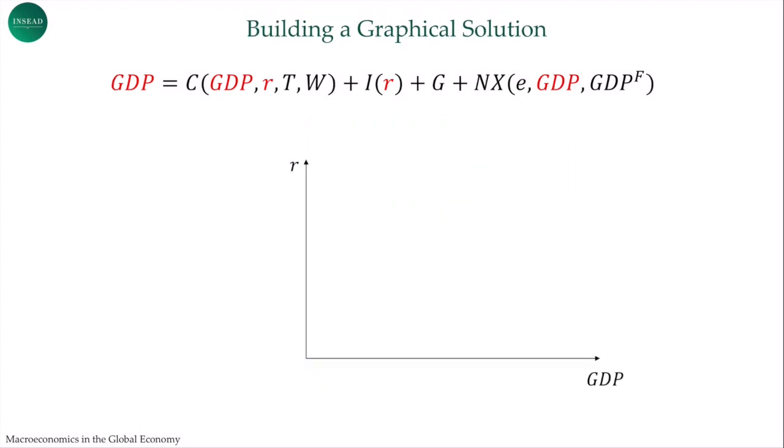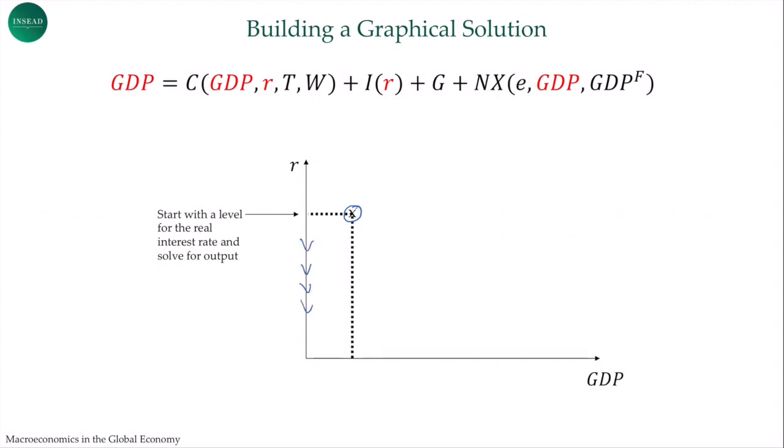Let's start with the first block, what we call the IS curve. What does this equation look like in this space? Take an initial point, and let's assume that at this intersection, this equation holds. Let's move one of the two variables, either the interest rate or GDP. Let me move the interest rate down in this case.